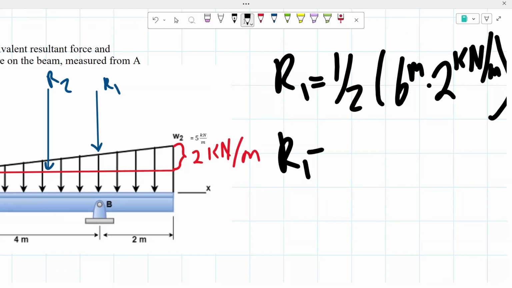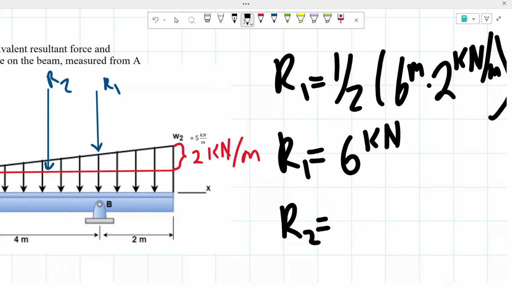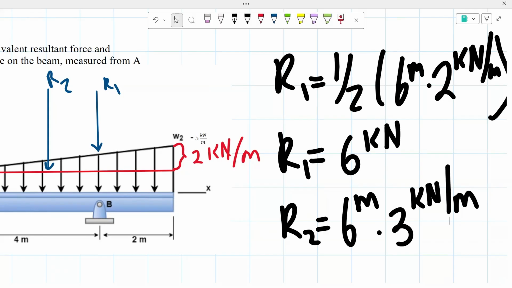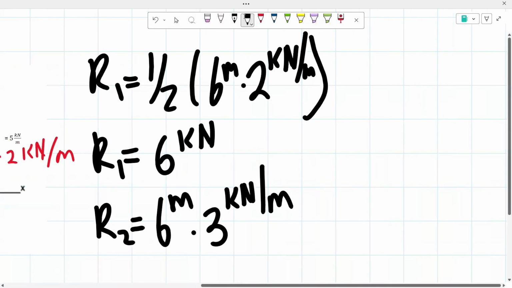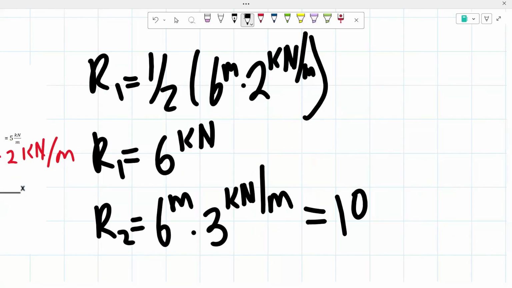That should give us that our concentrated force for our right triangle is equal to 6 kilonewtons. Then from there, for our rectangle, it's just the length times the height, the same as finding the area of that rectangle. So we would be multiplying 6 meters by 3 kilonewtons per meter, giving us that the concentrated force of our rectangle is equal to 18 kilonewtons.